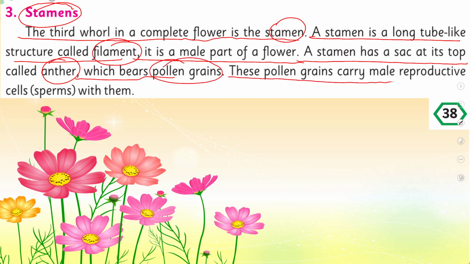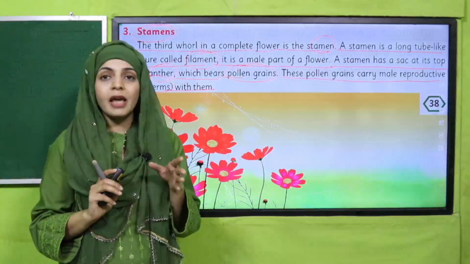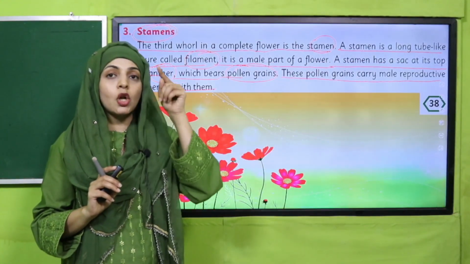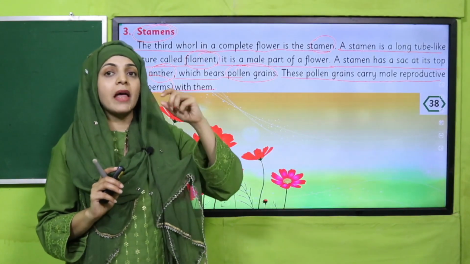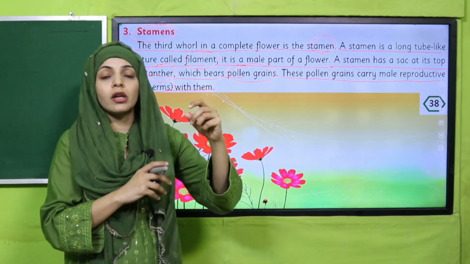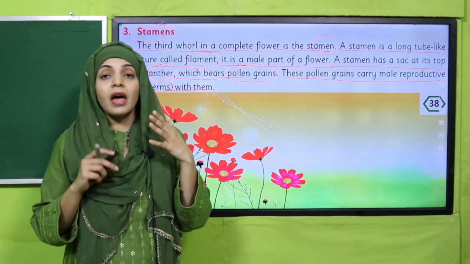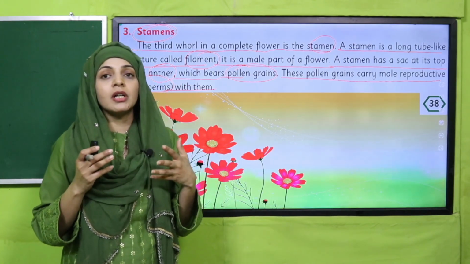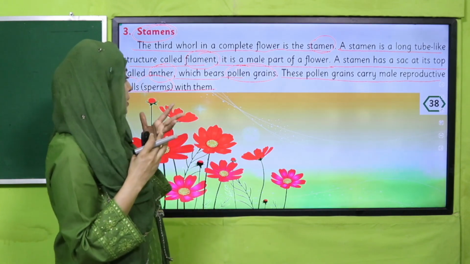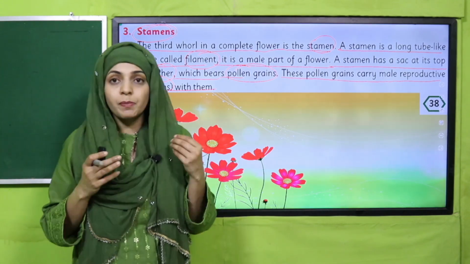These pollen grains carry male reproductive cells called sperms with them. So my dear students, the male part of the flower is called the stamen, and it has two parts. The long part is called the filament, and the top sac-like structure is called the anther. The anthers have pollen in them, which have the reproductive cells called sperms in them.